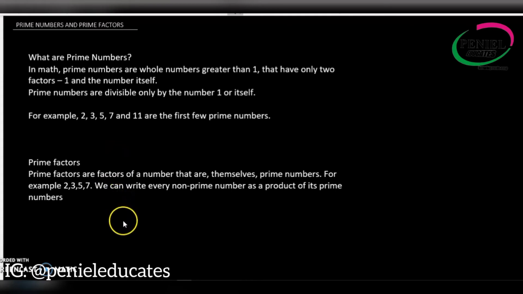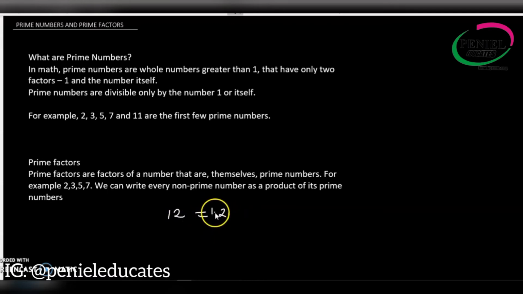For example, let's pick 12 and express it as the product of its prime factors. So we know that 2 is a factor of 12.